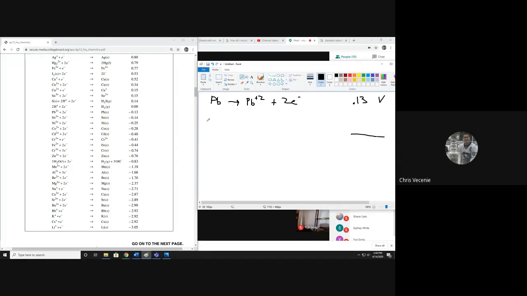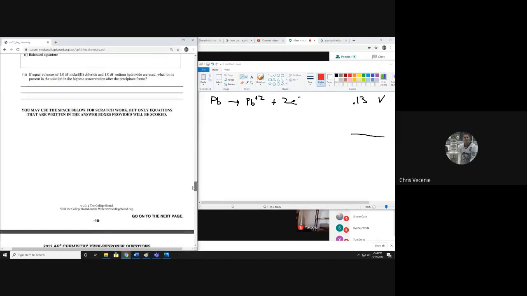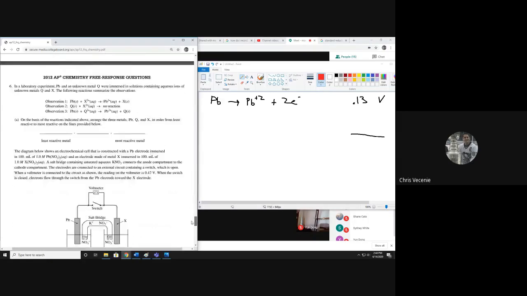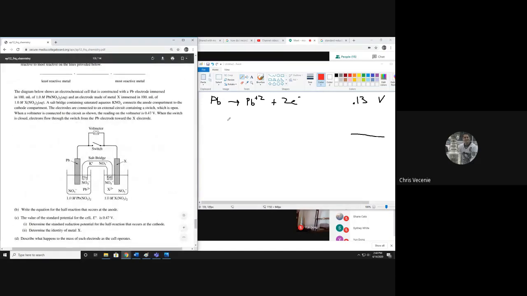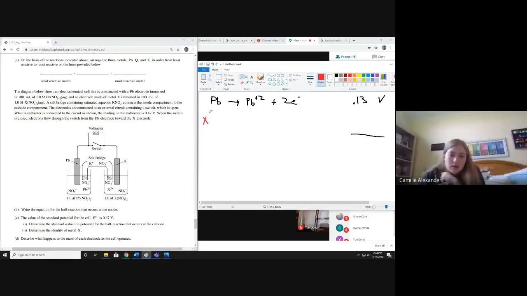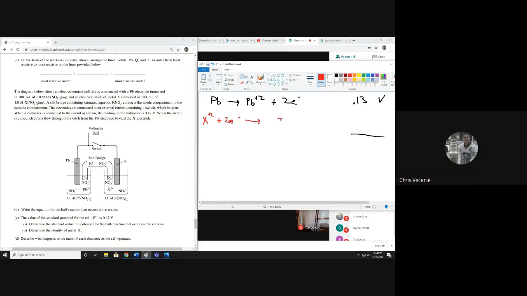Now, we also know what the other one has to be, right? So based on that, Camille, what has to be my half reaction for the other side? What's this half reaction have to say? It's going to be the X plus 2 plus 2 electrons going to X. Good. So we know that, and we know it's charged because they told us it was X plus 2. That's where she's getting those from.